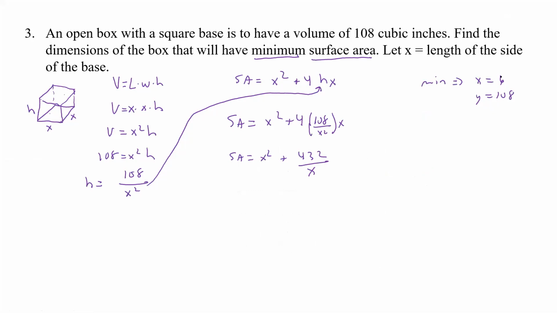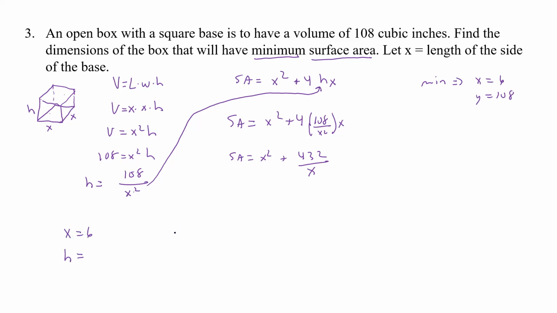Now, if x is equal to 6, that is really the same x as this. And so we're supposed to find the dimensions of the box. So our dimensions are going to be x equals 6. So all we need to do is find h. Well, if we plug in, we'll have 108 divided by 36.